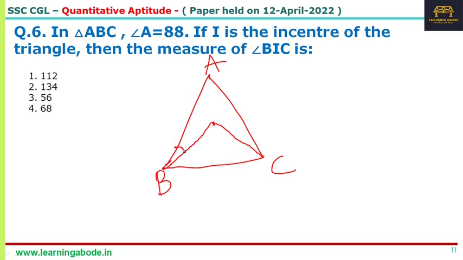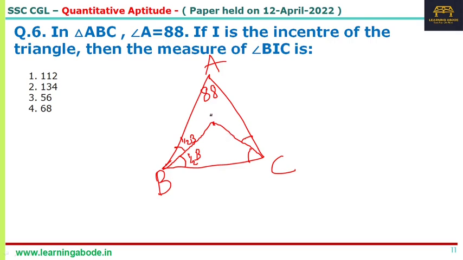That is, if this angle is equal, this angle is also equal. These two angles are equal, these two angles are equal. That is, this is half B and this is half B. Similarly, half C and another half C. Now angle A is 88. Now we have to find BIC.